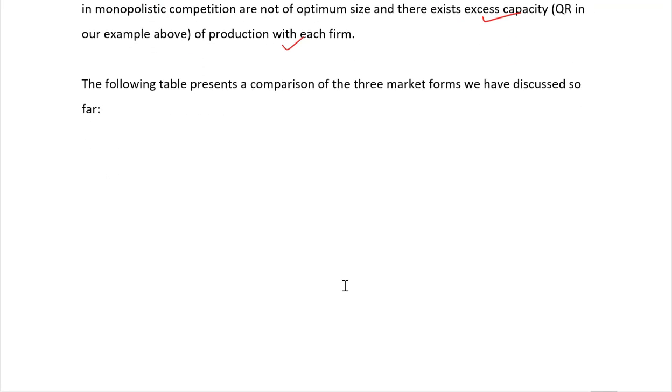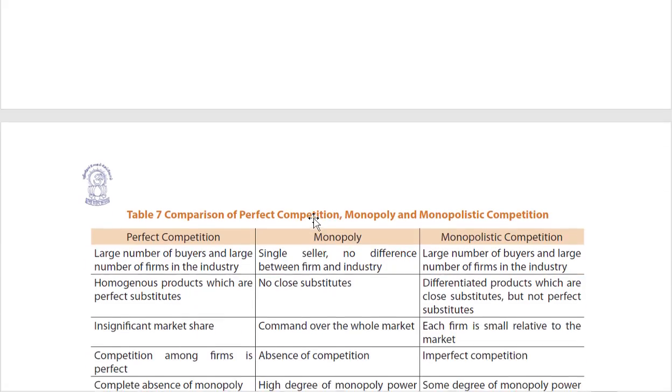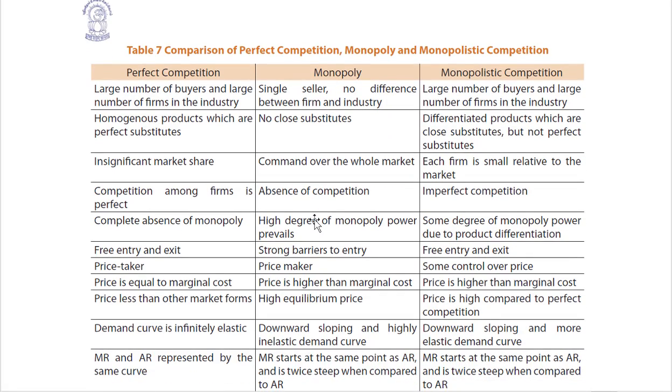The following table represents a comparison of the three market forms we have discussed so far. Table 7. Comparison of perfect competition, monopoly and monopolistic competition.